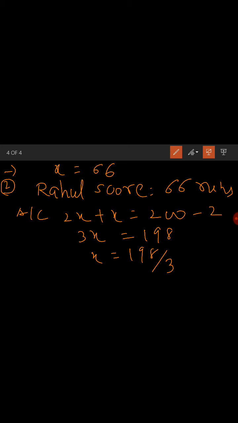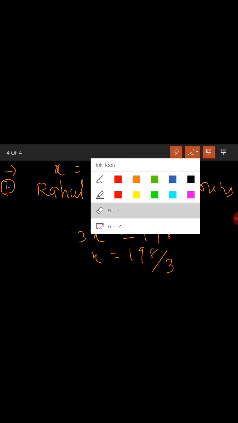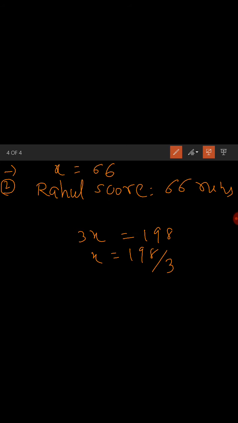So Sachin's score is 2x, which equals 2 into 66, which is equal to 132 runs.